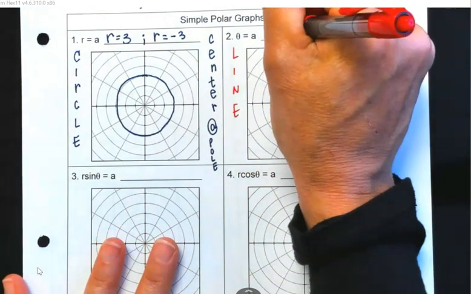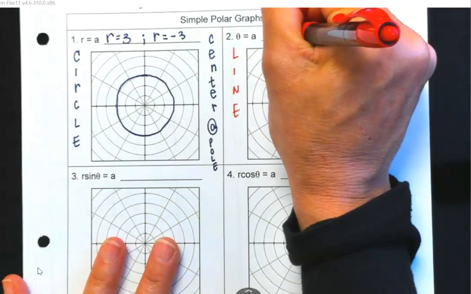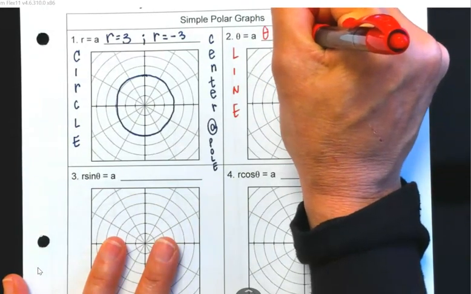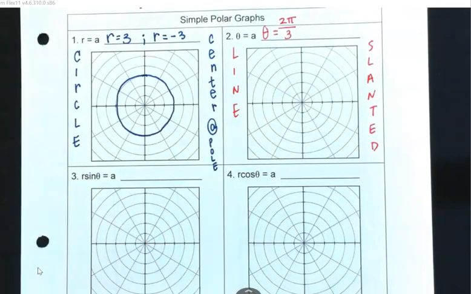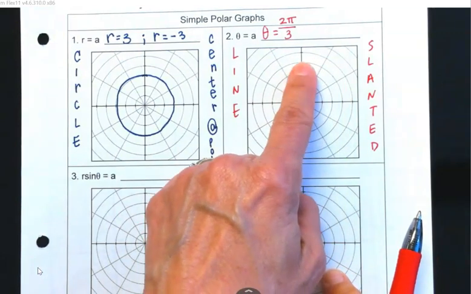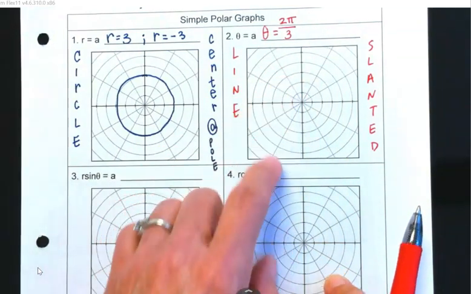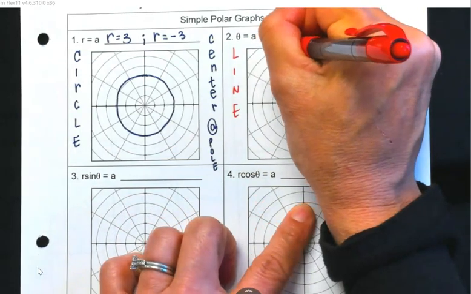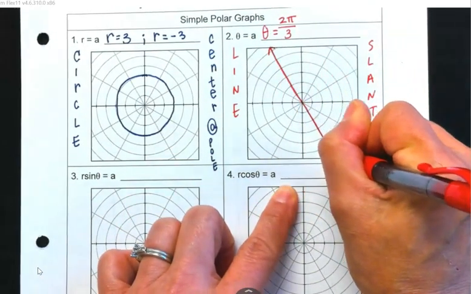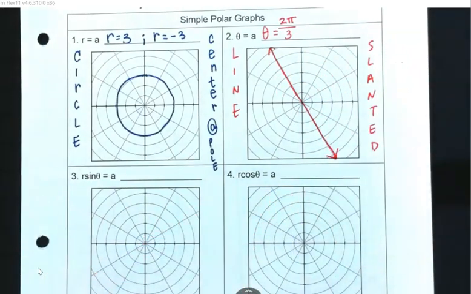Let's say you have theta equals 2 pi over 3. So let's find where 2 pi over 3 is. 1 over 6, 2 over 6, 3 over 6, 4 over 6. It's right here. You are literally just going to trace that 2 pi over 3 line.